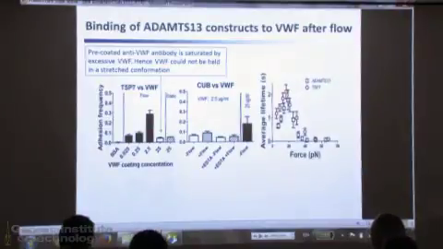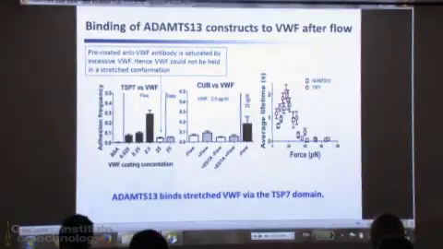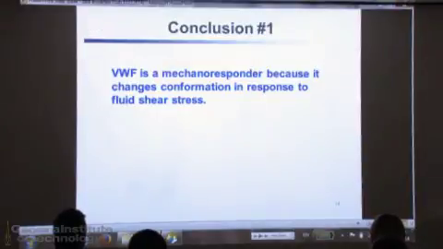Okay. Now, if you then measure the bound lifetime under force, you will find the ADAMTS13 curve and the TSP7 curve behave very similarly, right? So now, this data would say ADAMTS13 binds to stretched VWF via the TSP7 domain. All right, so let's see what we can conclude in this example.